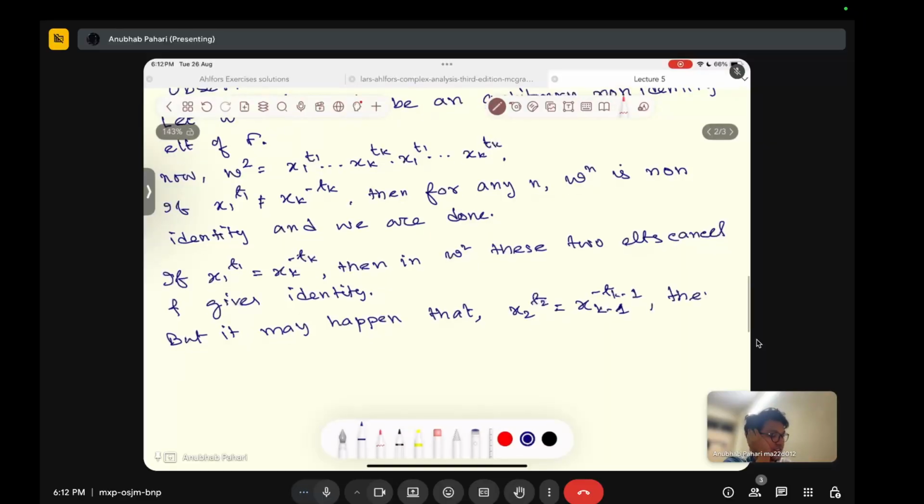Then in w square these two elements cancel and give identity.